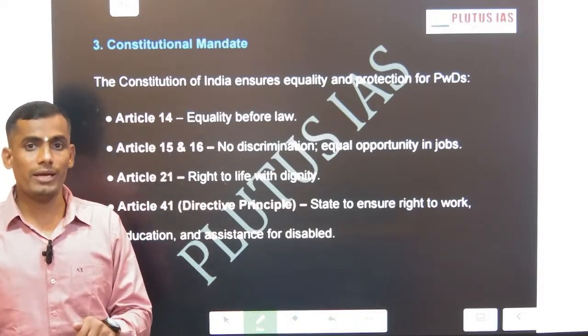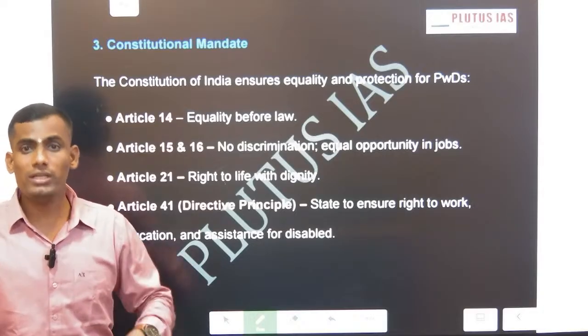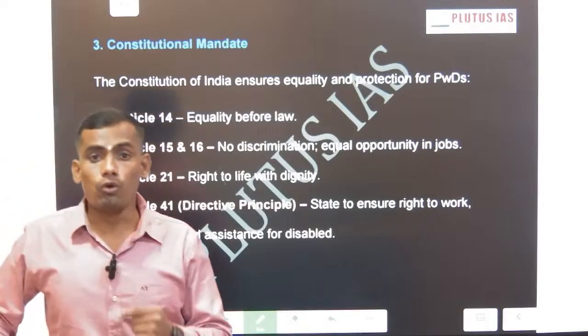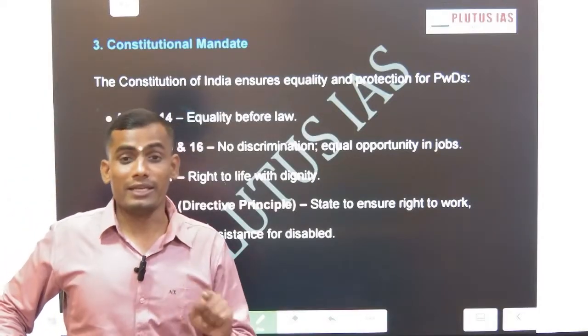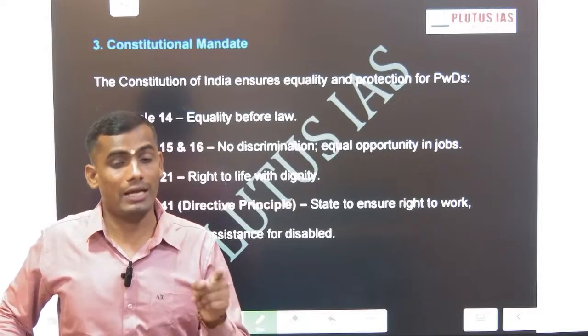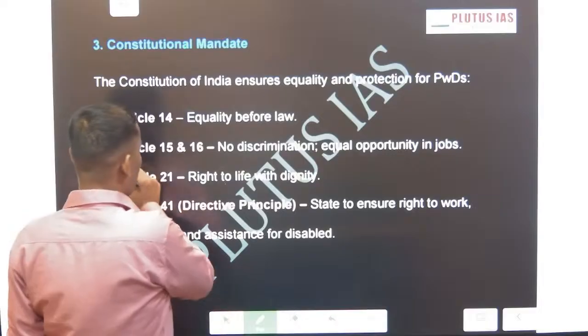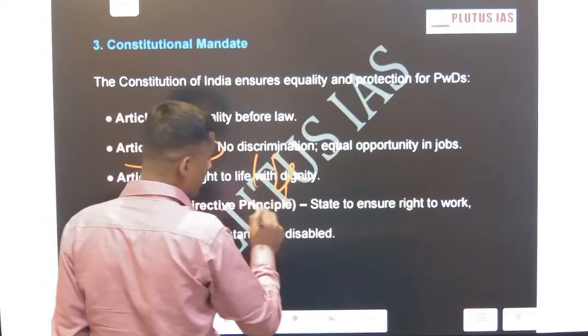What is the constitutional mandate? To uphold the inclusive idea and dignity: Article 14, equality before law. Article 15, equality of opportunity in education, and Article 16, employment opportunity.